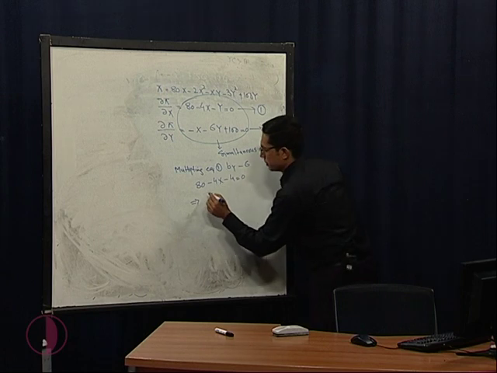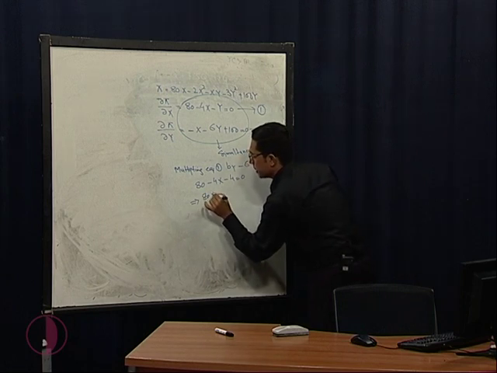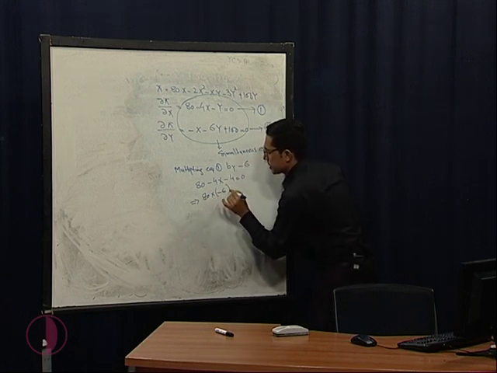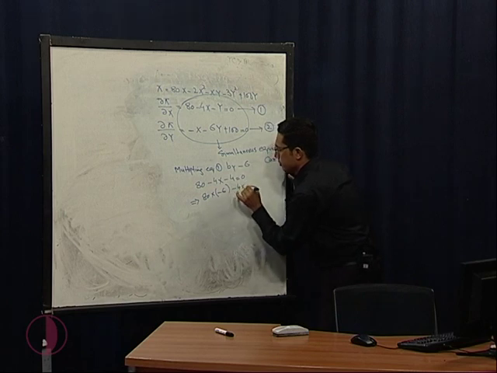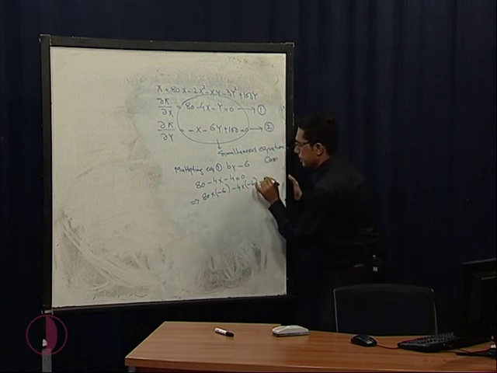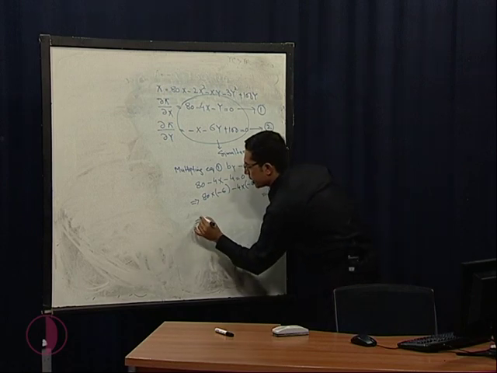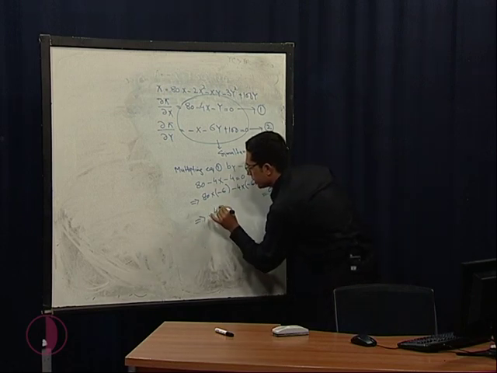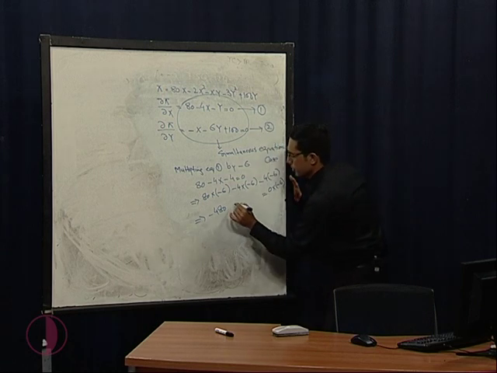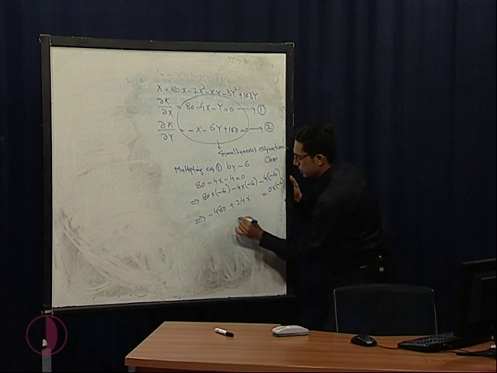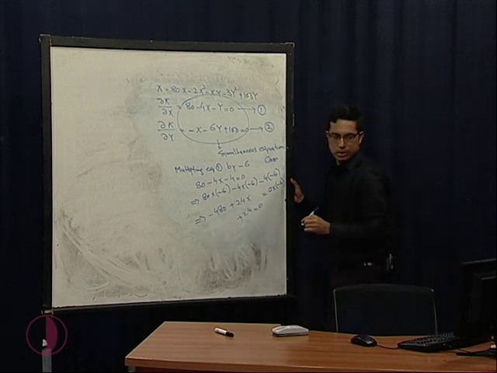We get minus 480 plus 24x plus 6y equals 0.